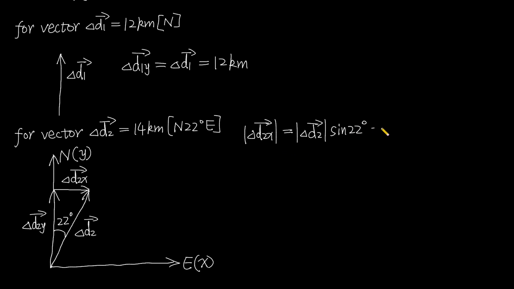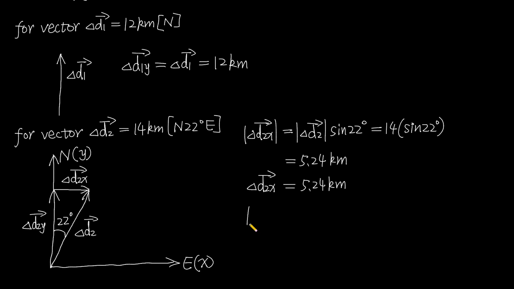And this equals 14 multiplied by sine 22 degrees, which equals 5.24 kilometers. So delta d2x just equals 5.24 kilometers. It's positive because its direction is the positive x direction.